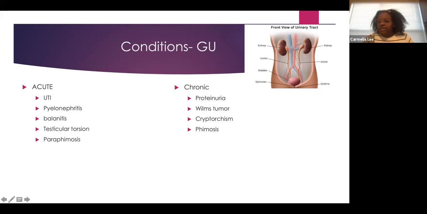It is a childhood cancer, the most common type of childhood kidney cancer. About 9 of 10 kidney cancers in children are Wilms tumors. So it's something to be familiar with, because it may pop up.